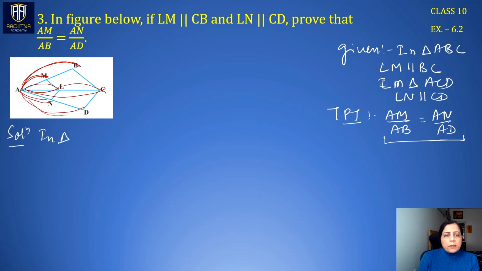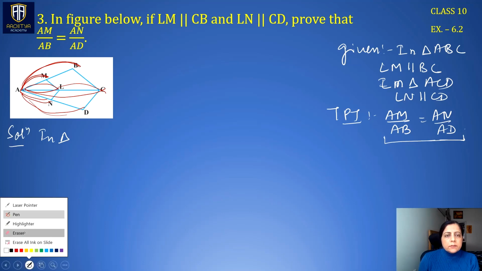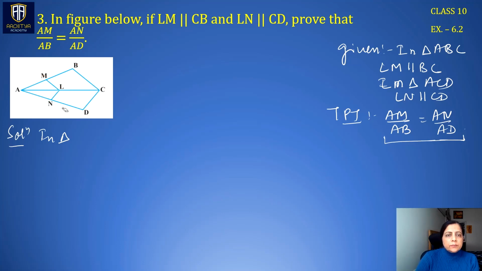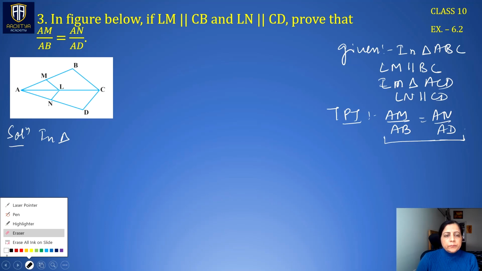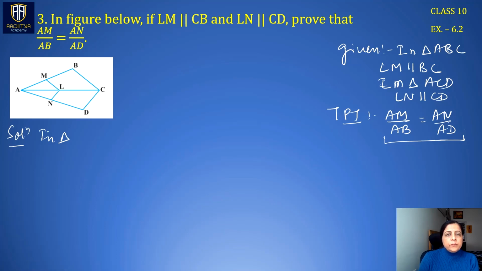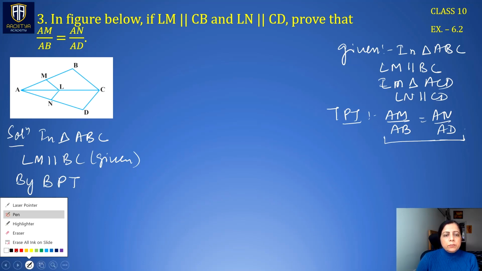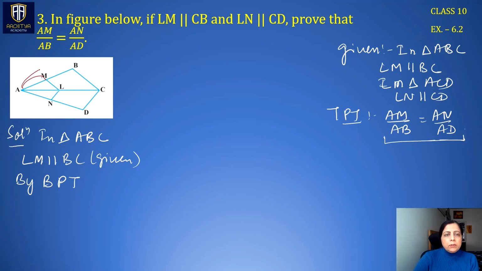In triangle ABC, LM is parallel to BC, right? This is given to us. So by BPT, by basic proportionality theorem, I am taking this ratio to be AM upon AB. I have told you, you have to consider the way it is given in the question.